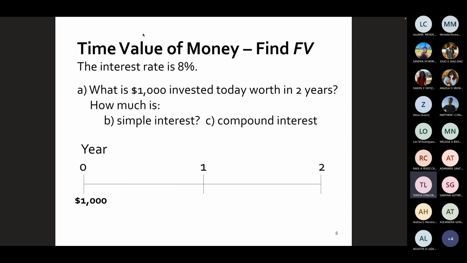You've probably seen these concepts before, and I'm taking a very simple example to work through to elaborate what's happened. What we're going to do is first calculate each of these mathematically, and then I'm going to show you how to solve for this using your financial calculator. What we're going to solve for is the future value, FV.